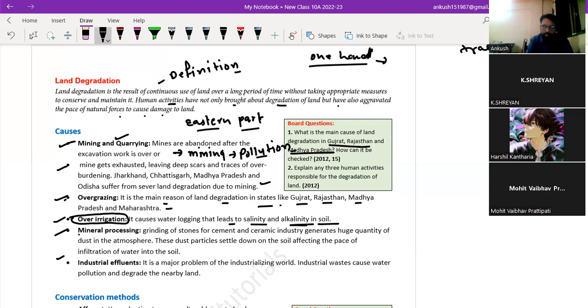So, mineral processing: grinding of stones for cement and ceramic industry generates a huge quantity of dust in the atmosphere. This is real air pollution. These dirt particles settle down on the soil, affecting the pace of infiltration of water into the soil.